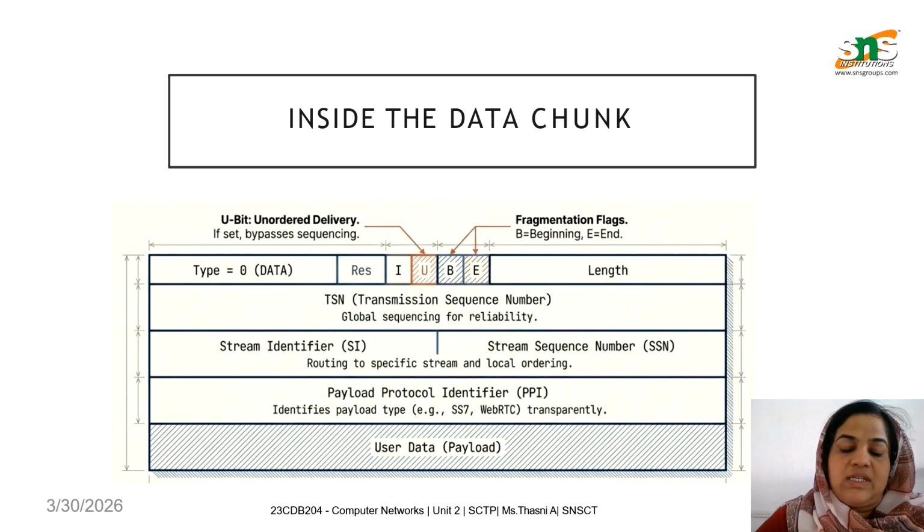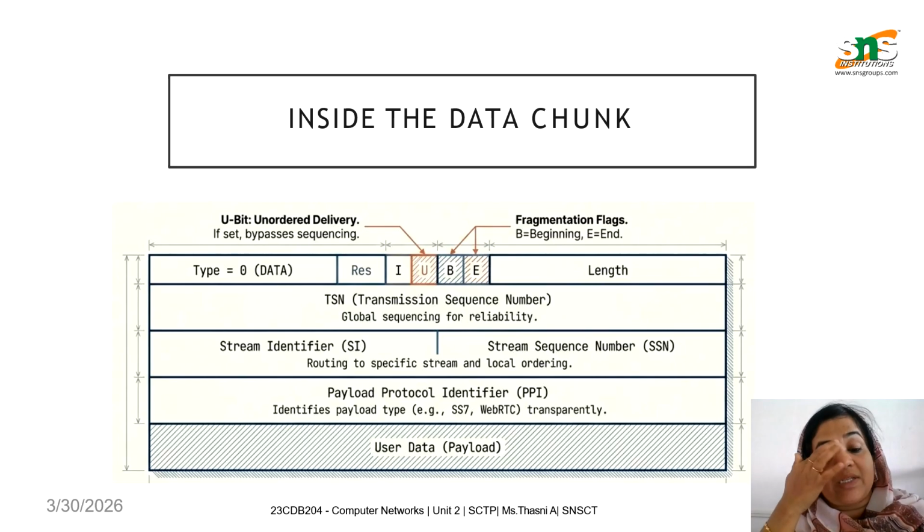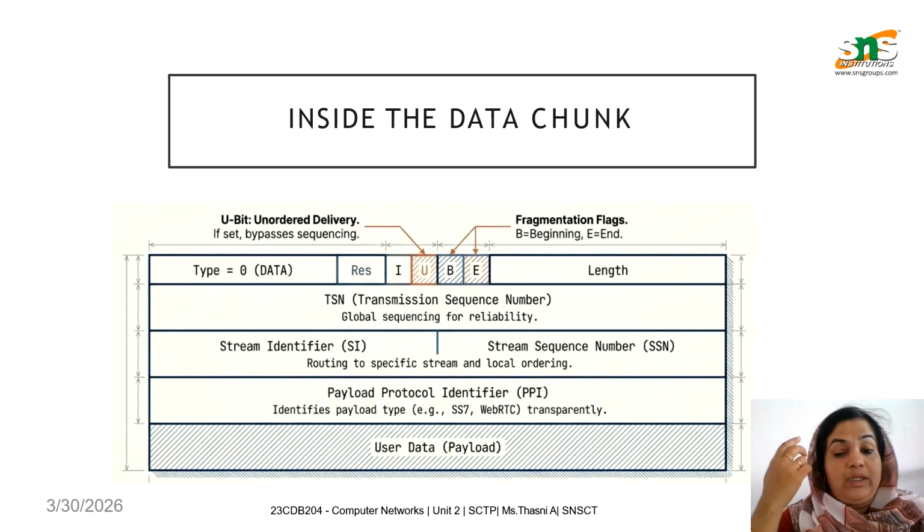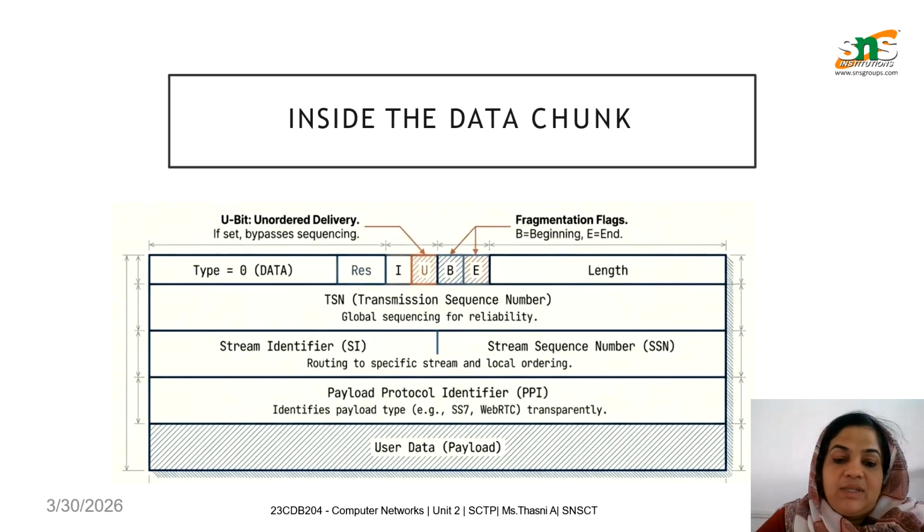Next, what is inside the data chunk? It has a U-bit, which is unordered delivery. If set, it bypasses sequencing. If it is not set, it will not bypass. Next are the fragmentation flags, which mark the beginning and end. Here type 0 is the data, and the rest of the flags are I, U, B, E. I is the initial state, U is unordered delivery, B is the beginning, and E is the end, and next is the length.